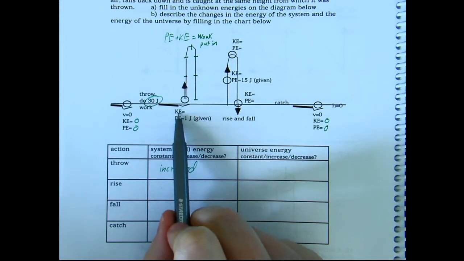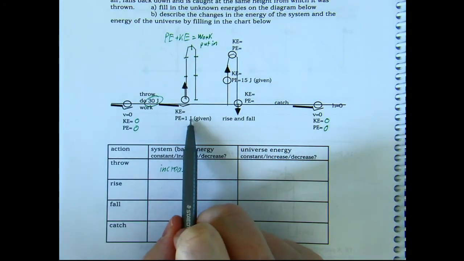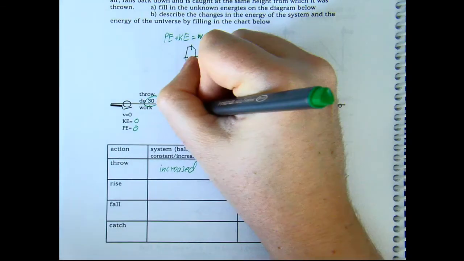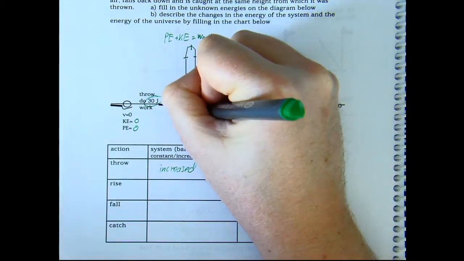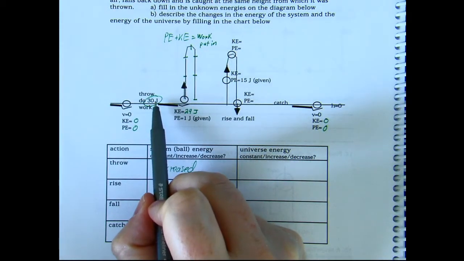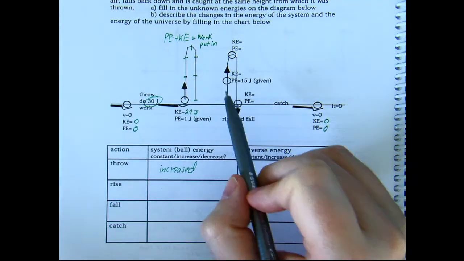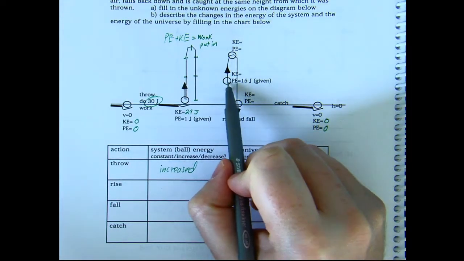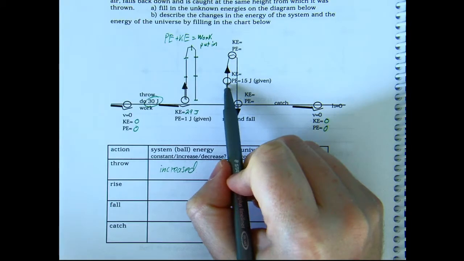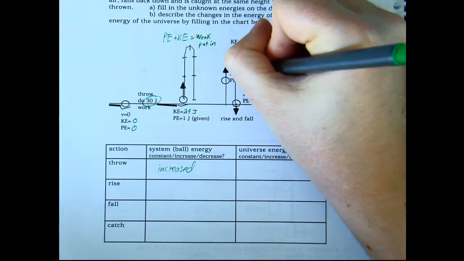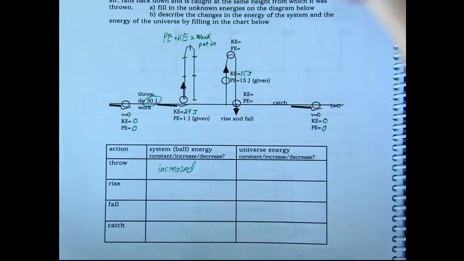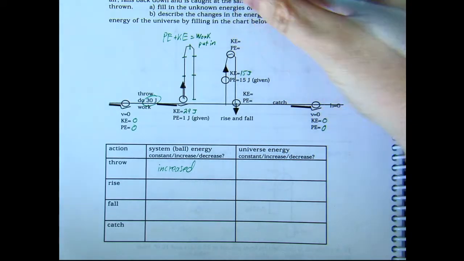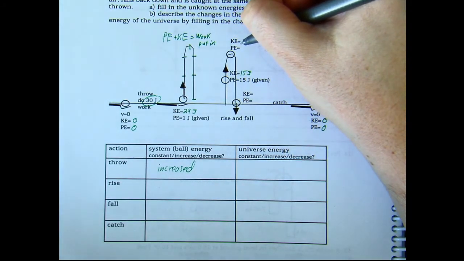So at this stage, if the potential energy is 1 joule here, then the kinetic energy has to be 29 joules. They only have these 30 joules of energy to work with. And then every step of the way, as this thing rises, if it has 15 joules of potential energy here, it's going to have 15 joules of kinetic energy. At the top, well, it's an interesting question.